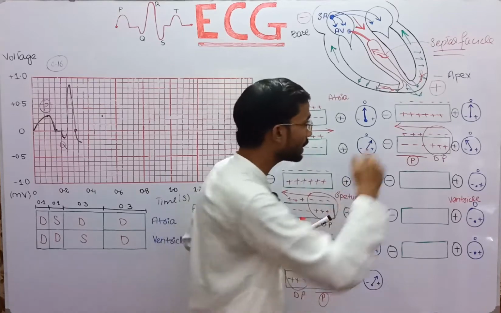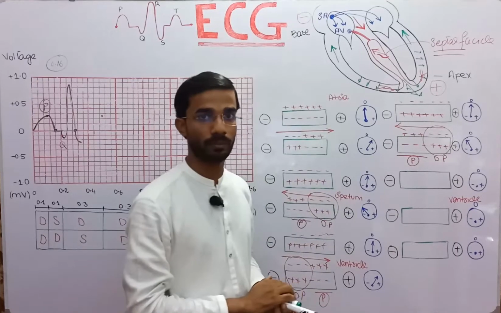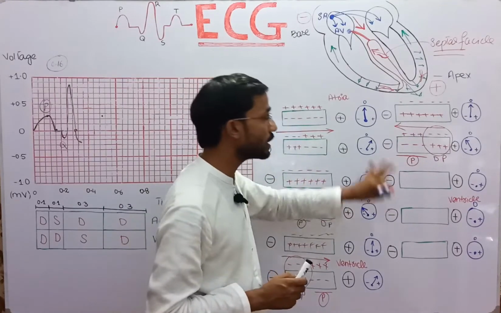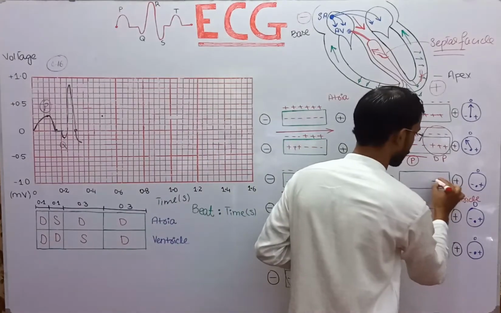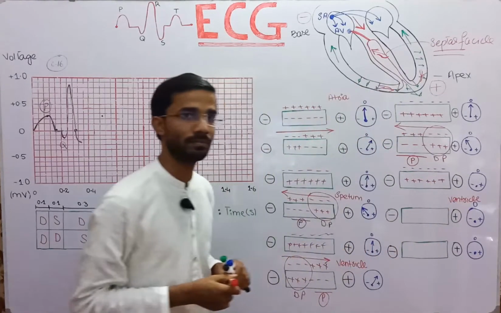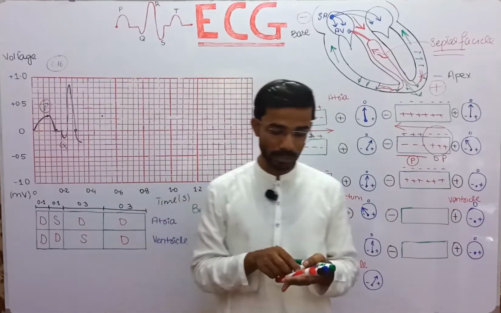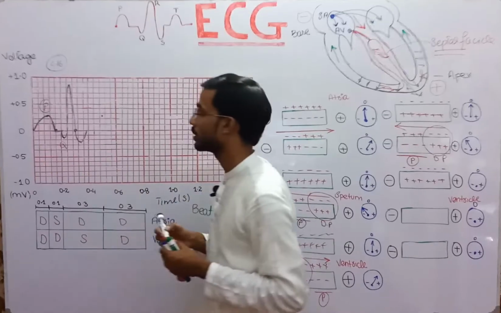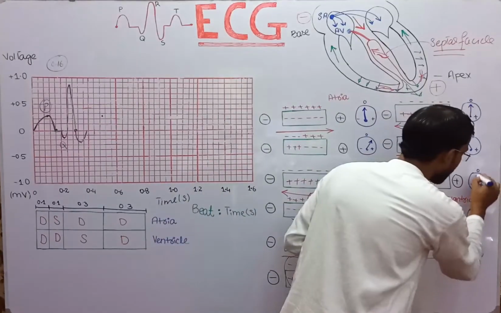Next, when this depolarizing process continues from positive to negative, a state is reached when all the cells of the ventricle become depolarized, and they will again move towards zero potential. The needle will move again to zero.